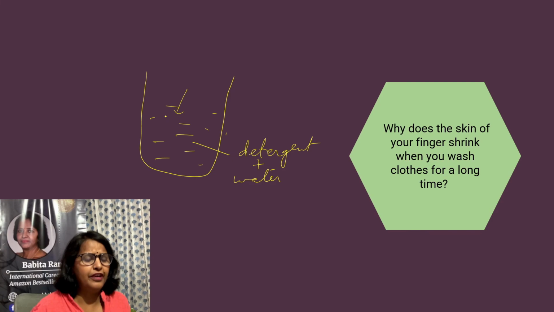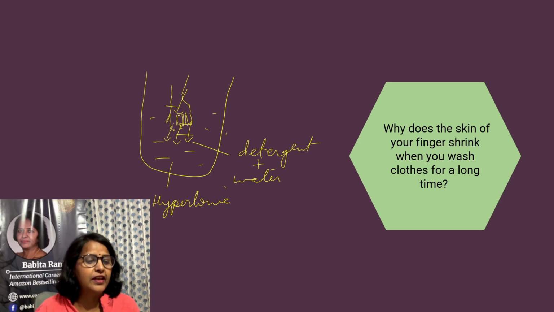And if we put our fingers in this for long, what will happen? This becomes a hypertonic solution for our fingers, and water is lost from those parts of the cells which are in contact with the detergent. So that is why our fingers shrink when we wash clothes for a longer duration.